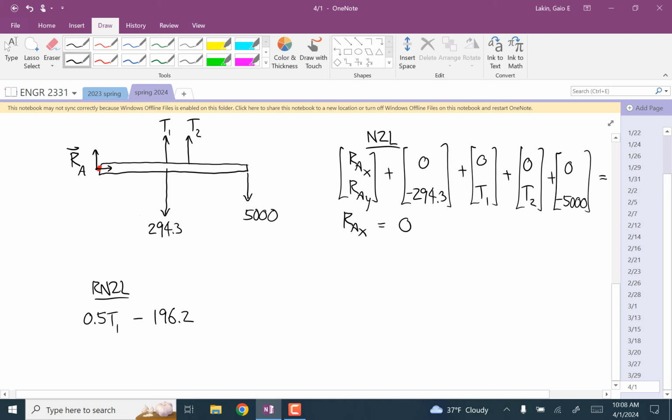No, it's not. 147.15. That makes more sense. And then the other, T2, that's a counterclockwise moment of 0.6 T2. And then the 5,000, that's a clockwise moment. Moment arm is 1.